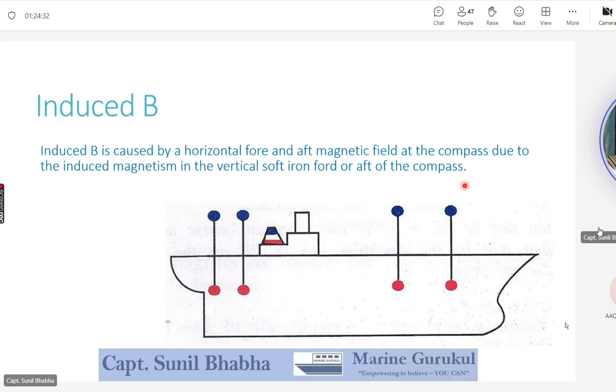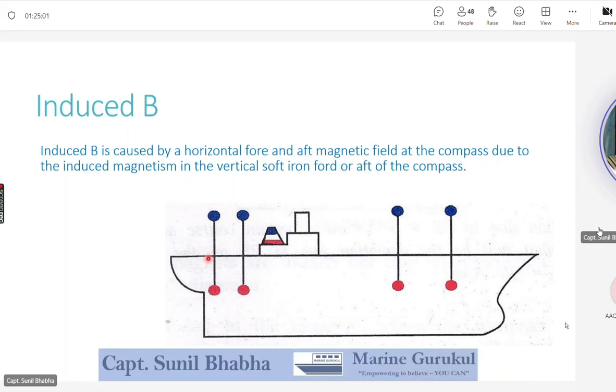Let me show you how it is generated. The vertical soft iron which we have on a ship could be the forward mast, it could be a crane, it could be the funnel, or it could be an aft mast or a crane aft of the compass location. Now all these vertical structures will be induced by the magnetic field of the earth, by the vertical component, the Z component of the earth.